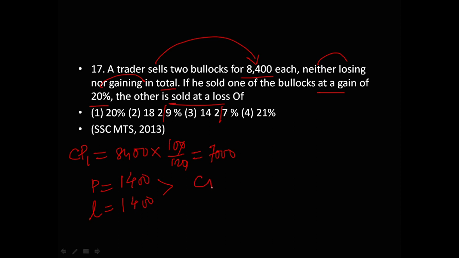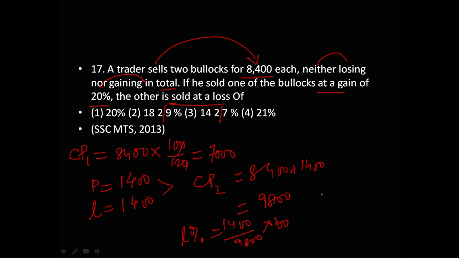So CP2 will be 8400 plus 1400 equals 9800. Clear? Then what is the loss percentage? Loss percentage is 1400 divided by 9800 into 100.